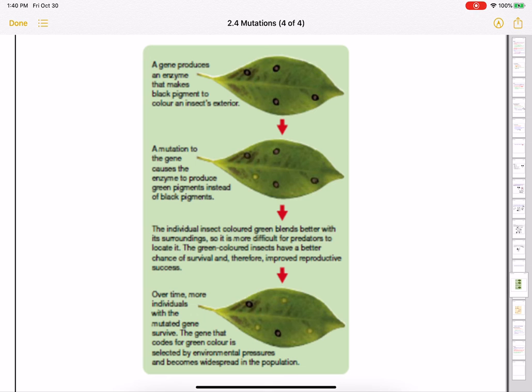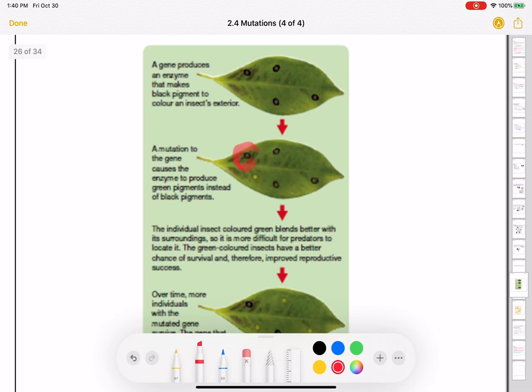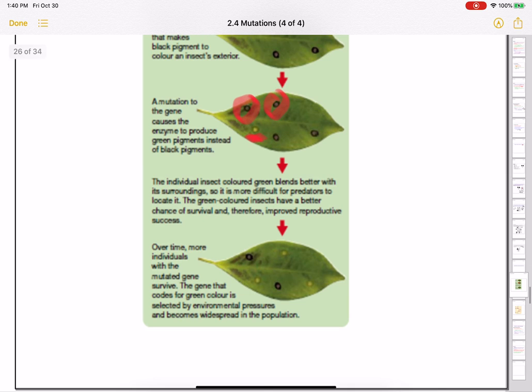So now most of them are still black, and then this one right here is a lighter color. And then it says the individual colored green blends better with the surroundings, so it's more difficult for predators to locate it. The green colored insects have a better chance of survival and therefore improved reproduction.